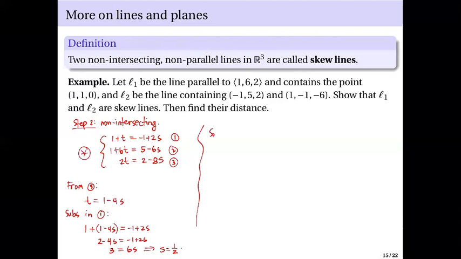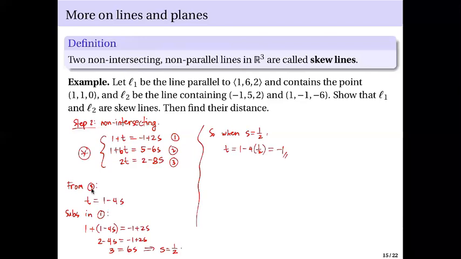So when s equals 1/2, you have t equals 1 minus 4 times 1/2. 4 times 1/2, that's 2. So 1 minus 2, that's negative 1.